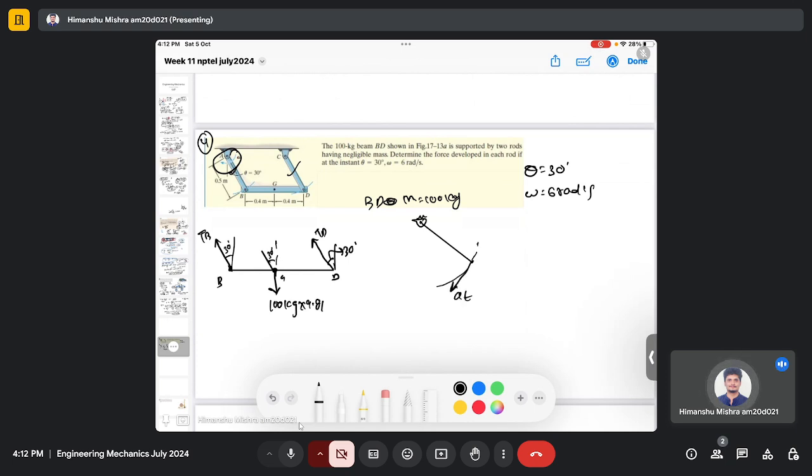There is a tangential acceleration, and the normal acceleration is toward the joint. This is A and this is B, and there is an angular velocity omega, which is 6 rad per second. Then there is an angular acceleration, and the direction of angular acceleration coincides with the tangential acceleration, right?